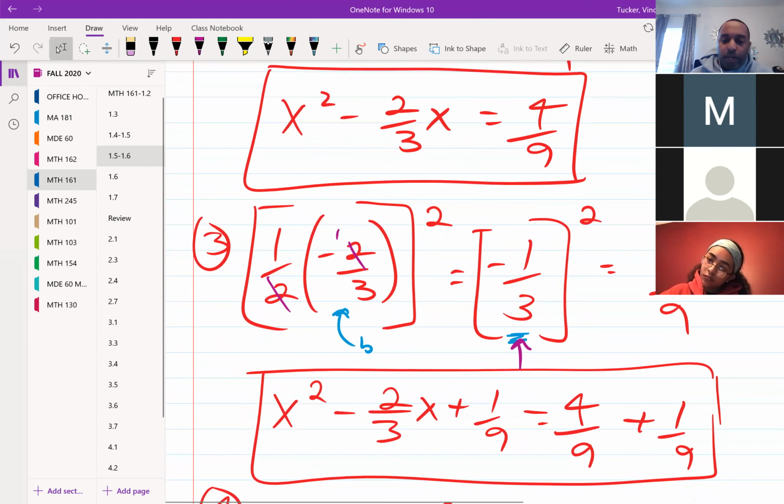So we add that 1/9 to both sides of our equation. X squared minus 2/3 x plus 1/9 equal to 4/9 plus 1/9. All right.